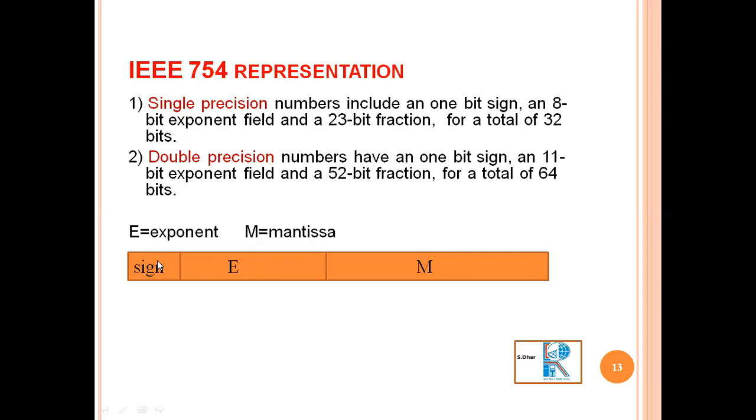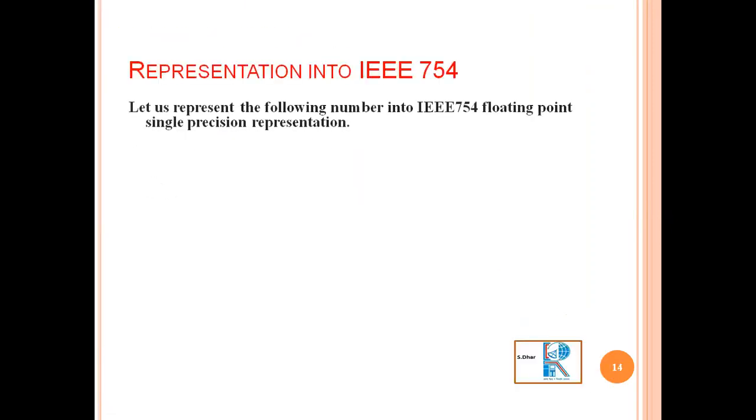Sign bit is 1, exponent field is 8 bits, and mantissa field is 23 bits. In total you get 32 bits. Clear? They have divided the system in this way. Now the question is how to represent any number in IEEE 754 representation. See the example, it will be clear, and listen carefully.